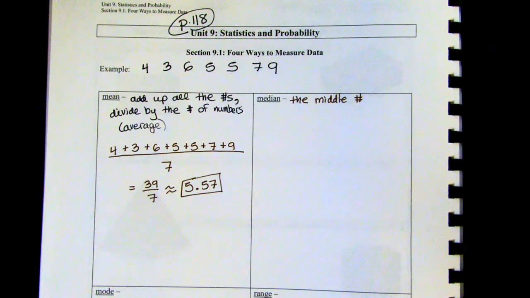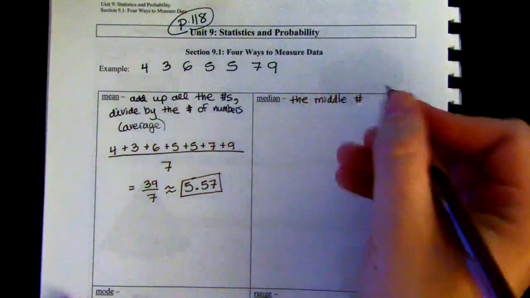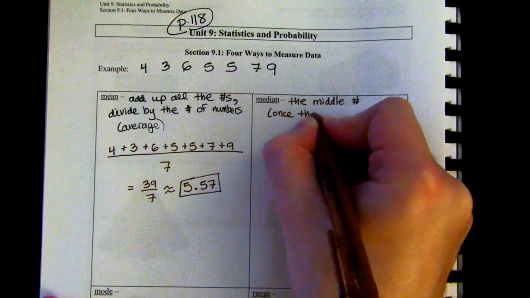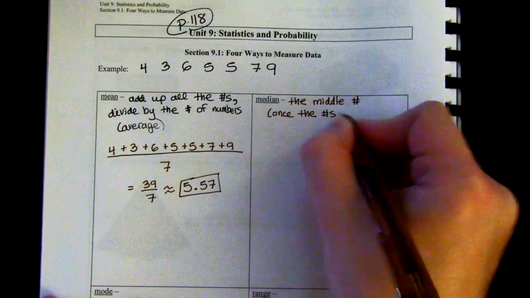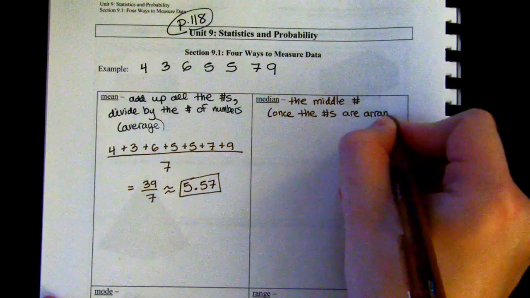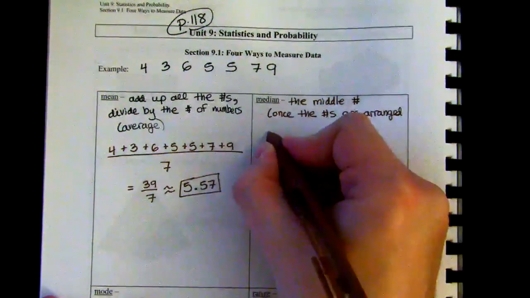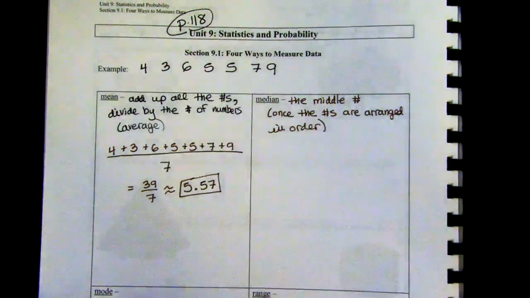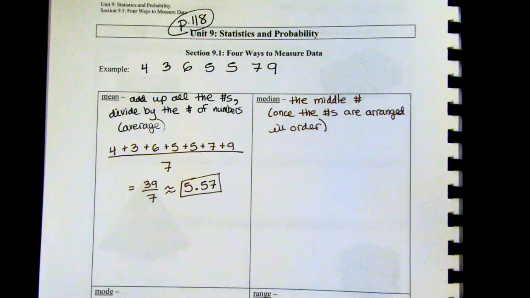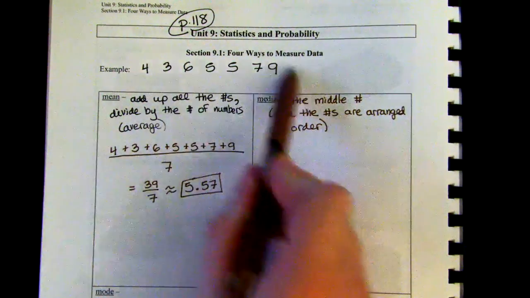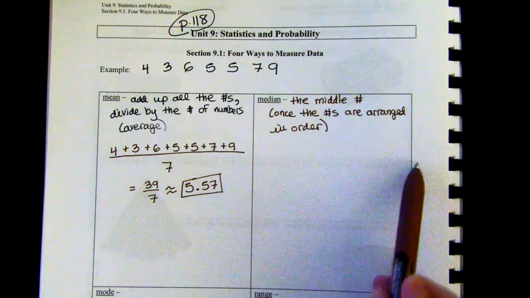Because of that, we're going to arrange the data in order, from lowest to highest. The median is the middle number once the numbers are arranged in order. Copy that down. And when you're done copying that down, I'd like you to take those 7 numbers and put them in numerical order, please.